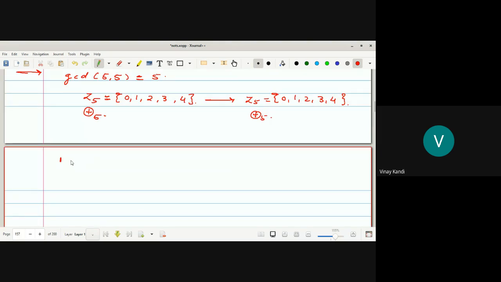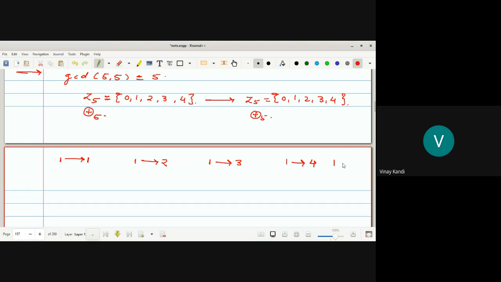Here 1 maps to 1. Where will this 1 map to? To this 1. That is one possibility. The second possibility is 1 maps to 2. Third possibility, 1 maps to 3. 1 maps to 4.